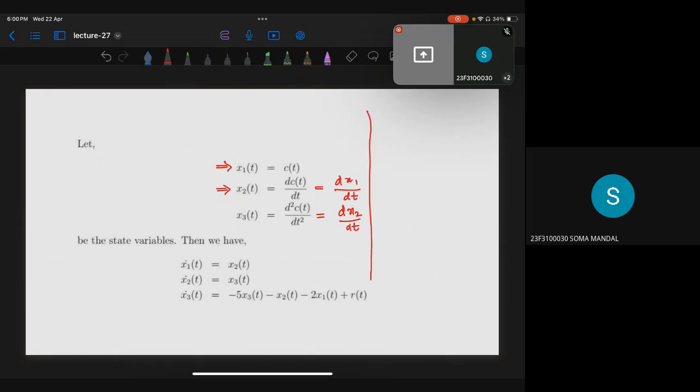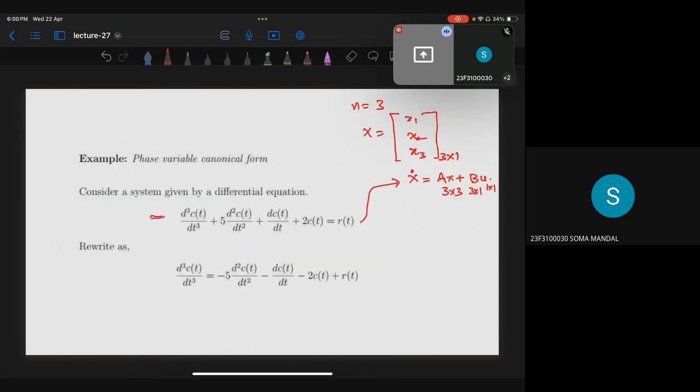Now, in the reverse order, what does it mean? Basically, dx1 by dt, what is it? x2, am I correct? From this equation. Yes, sir. Then dx2 by dt is x3. Now finally, what do we need? We need dx3 by dt. How can you find that? Consider the differential equation.